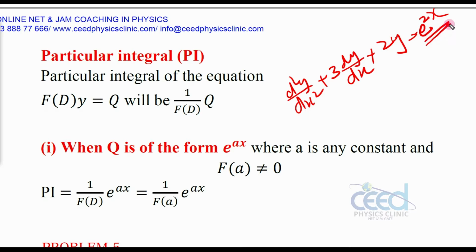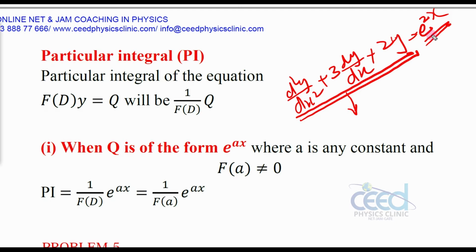The left part we can solve as usual using the complementary function. And on the right hand side we have the exponential function e^(2x). How to solve this kind of exponential function which appears on the right side of the differential equation, that we are going to discuss today.